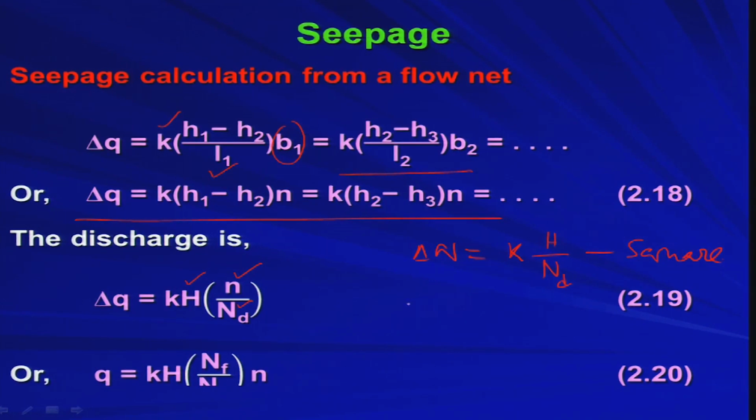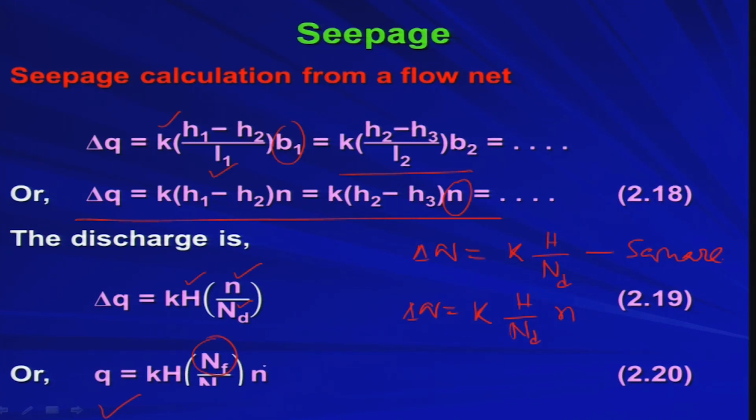Now, for rectangular element, you are getting K into H by N d into n, right, because this n is coming into the picture. So, total discharge will then be multiplied by the number of flow channels, that is N f.